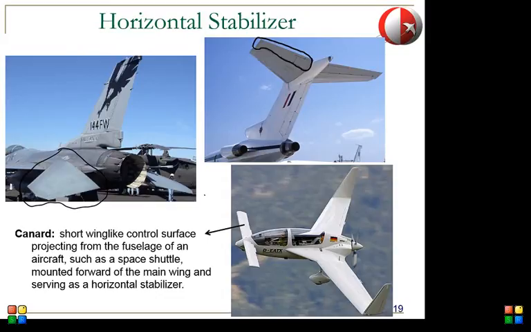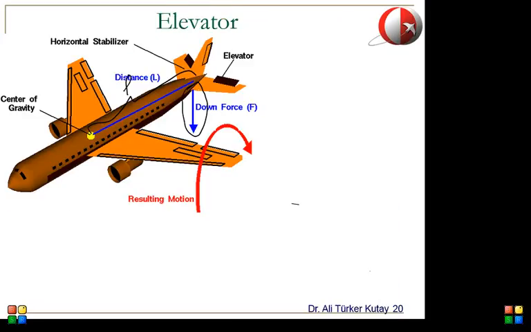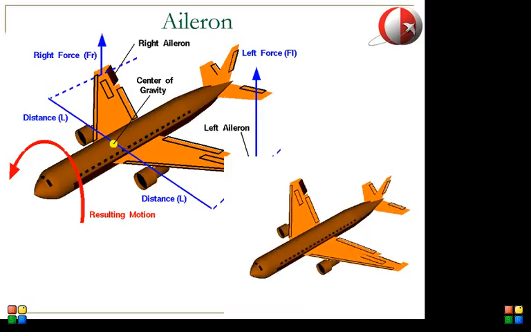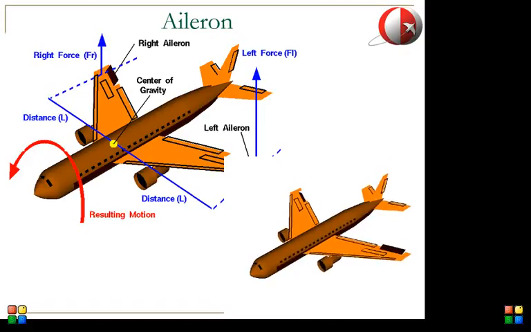Okay. And then we have one last control, and they are called the ailerons. The ailerons are placed at the trailing edge of the main wings. So there's one here and another aileron here.